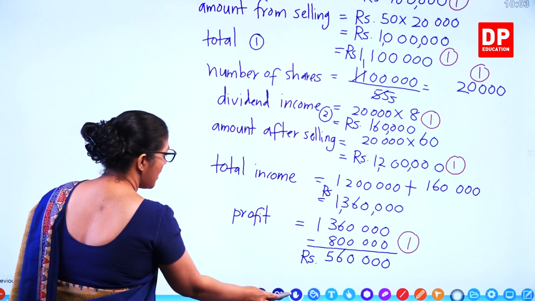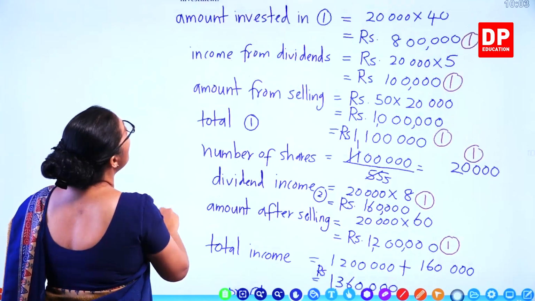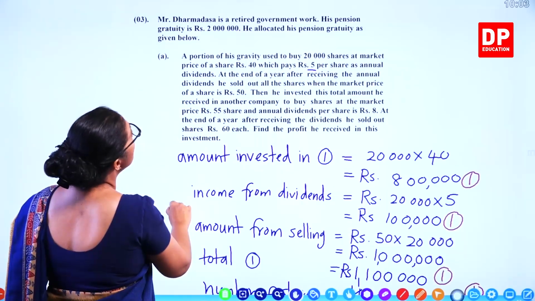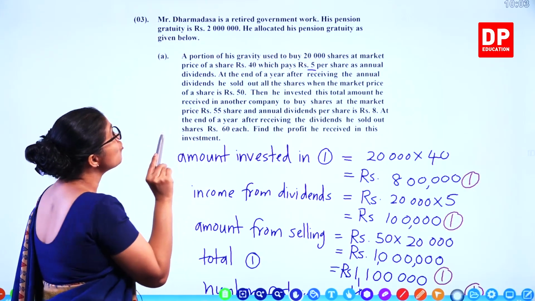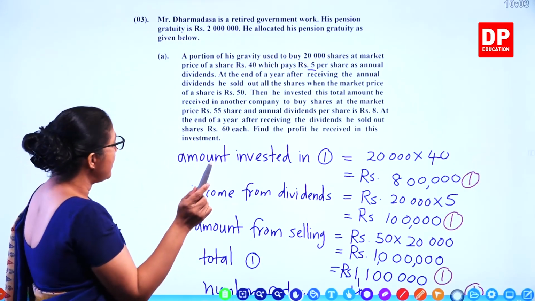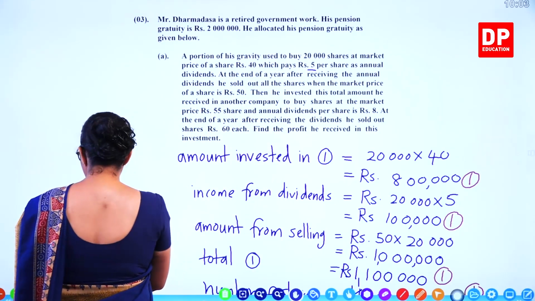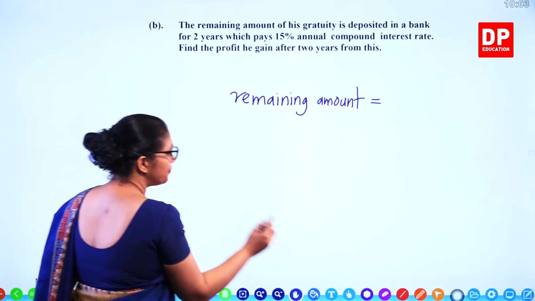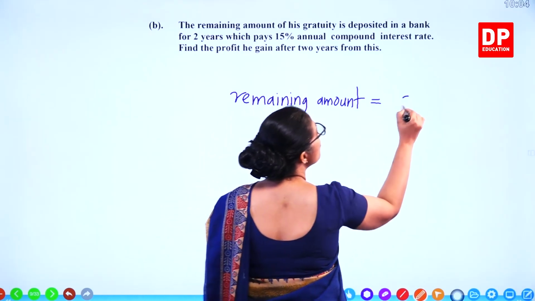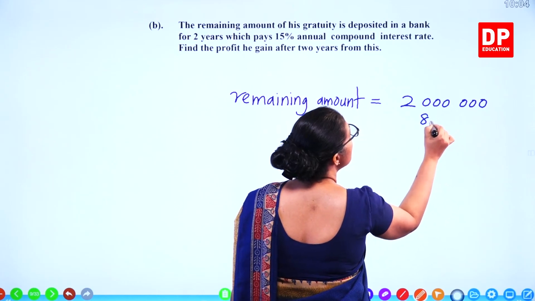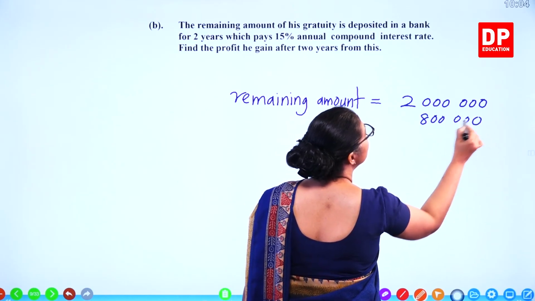So here his pension gratuity is 2 million and he spent 800,000 rupees. So the remaining amount is 2 million minus 800,000 rupees.